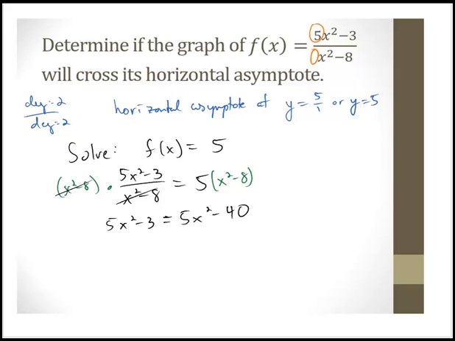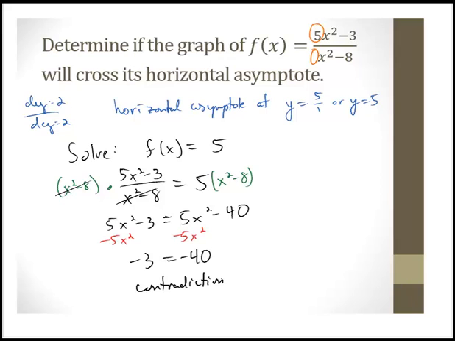Now, if I subtract the 5x squared from both sides, I get the statement that -3 equals -40, which is a contradiction. So what that tells me is the equation has no solution.